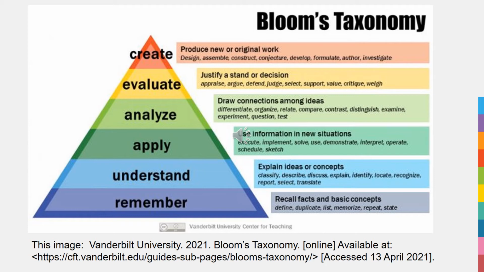Understanding would be if I say to you, I have got 3 activities: going to the beach, bungee jumping, and a conference. Classify or identify which type of tourist will be interested in each of the activities.